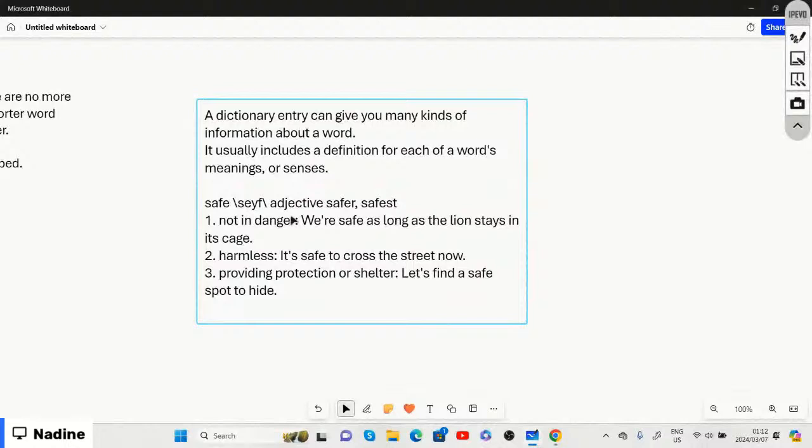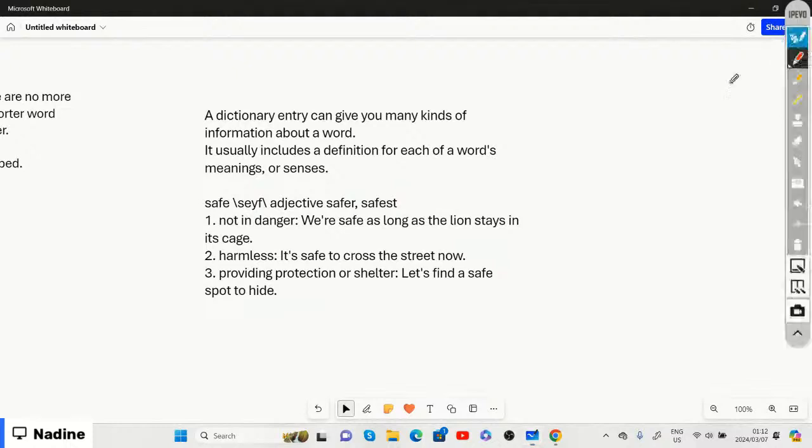So this is an example of a word. The word is safe.